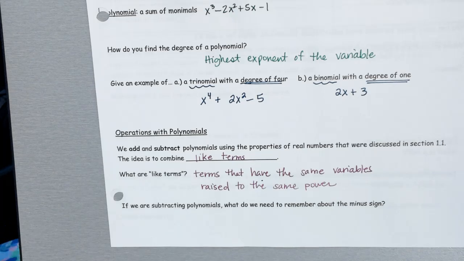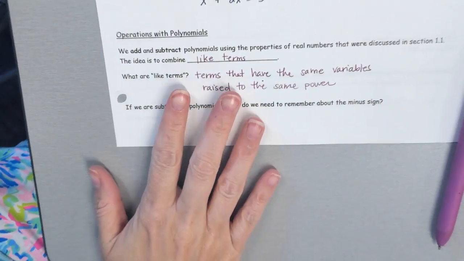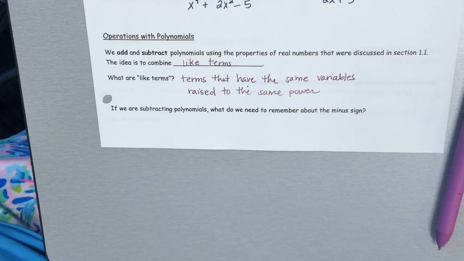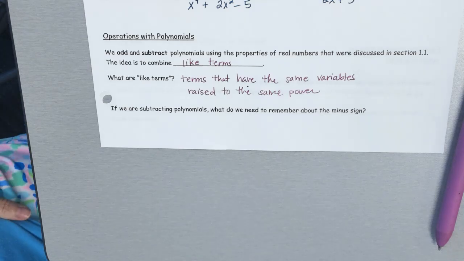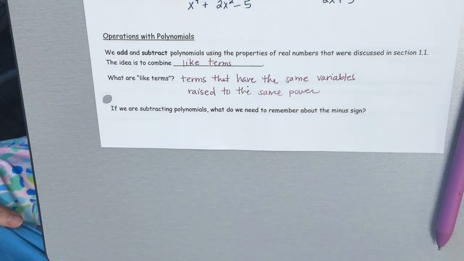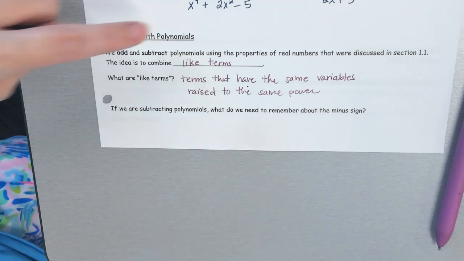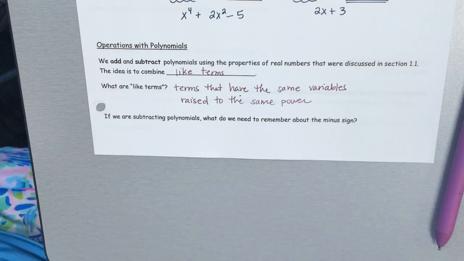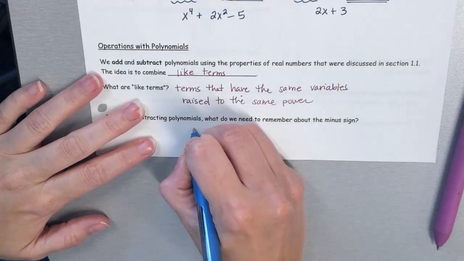Okay, so terms that have the same variables raised to the same power. So if you had x cubed and x squared, you couldn't add those together because it's not the same power. One thing you want to remember when you're subtracting polynomials is when you are subtracting and you have a binomial or a trinomial, with that minus sign, you have to distribute the negative.